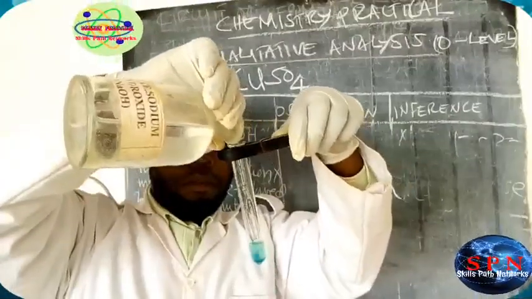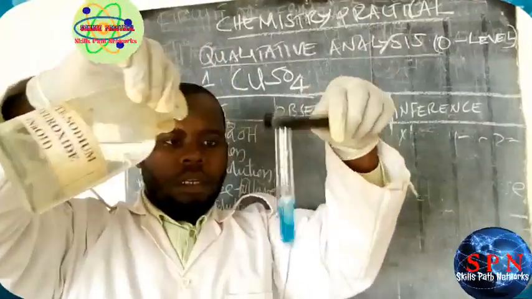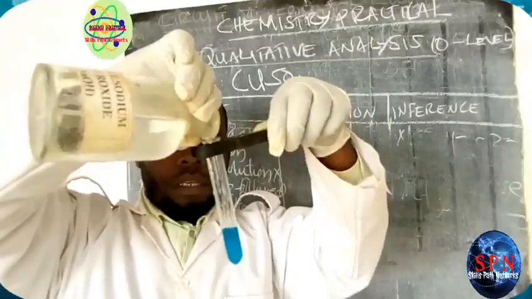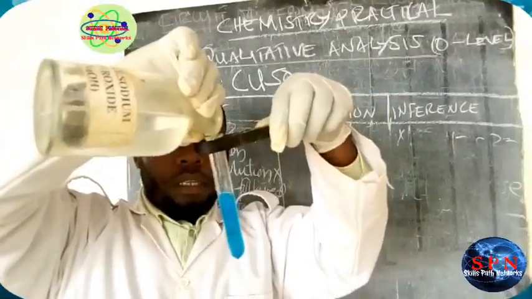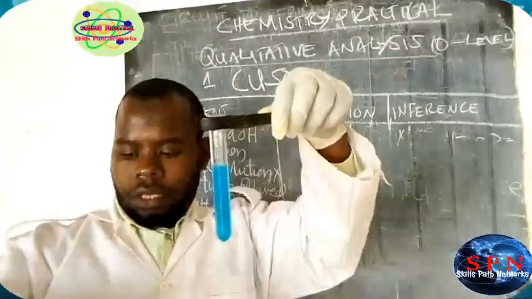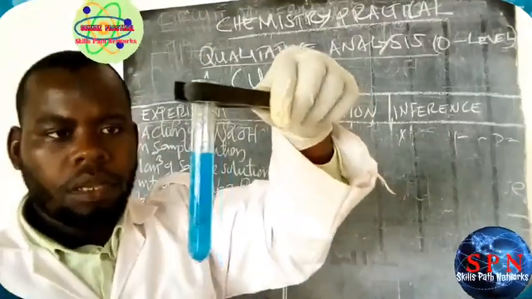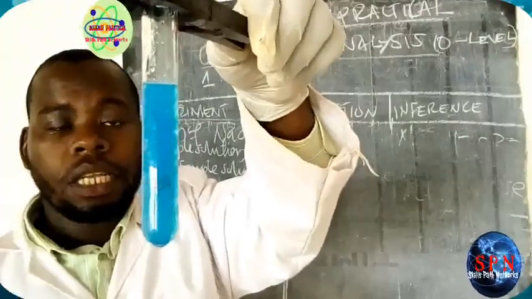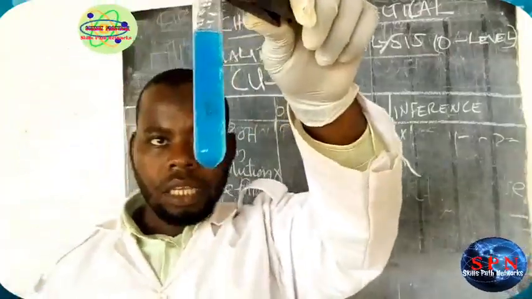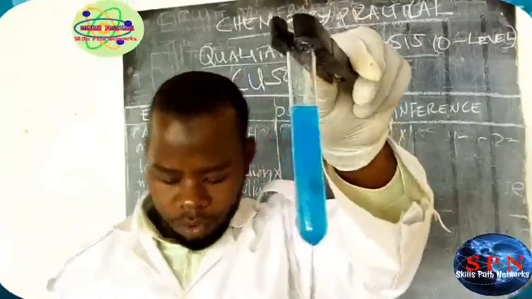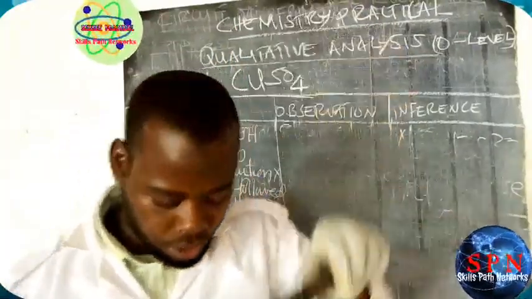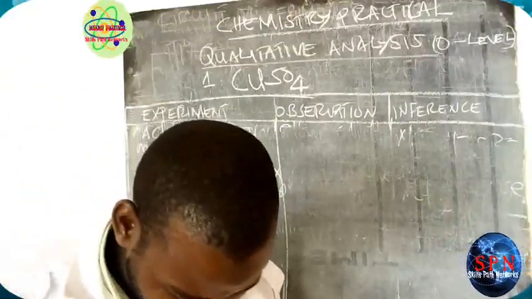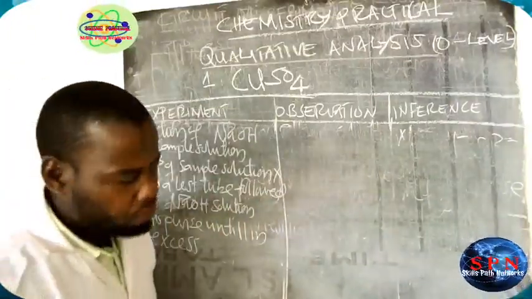Then we see the observation. A blue precipitate is observed, and it is insoluble in excess. So our observation is that a blue PPT is formed.